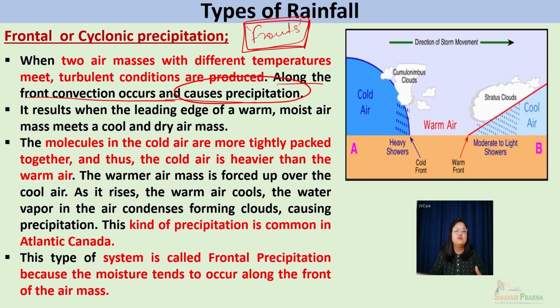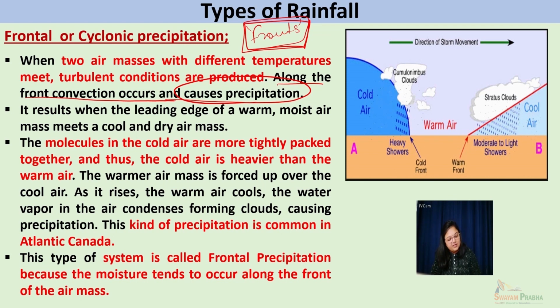So we'll be dealing with fronts and air masses in detail in the coming videos, but just understand for now that frontal regions of the world represent transitional zones between the two contrasting air masses, because of which there is turbulence, convection leading to rainfall and precipitation in these areas.